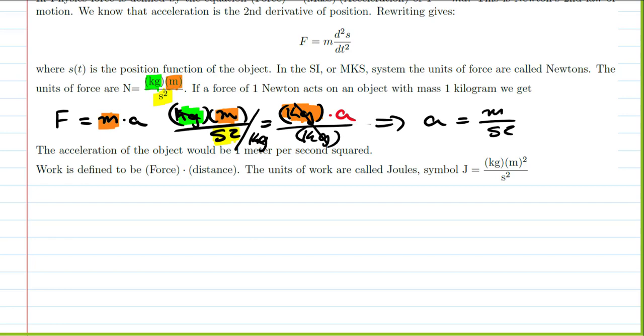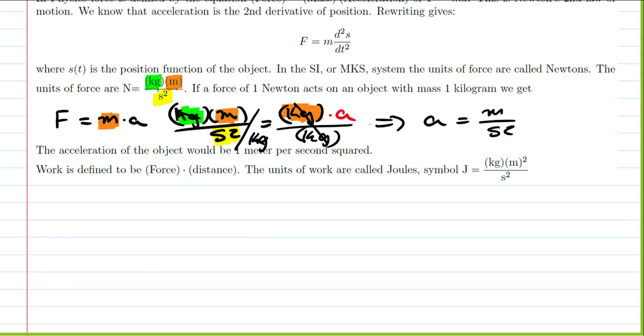We define work to be force times distance. So the units of that would be, if we have our newtons or kilograms meters per second squared, and we multiply that again by a distance, meters, we would get kilograms meters squared over second squared. And the units of work in the SI system are called joules.